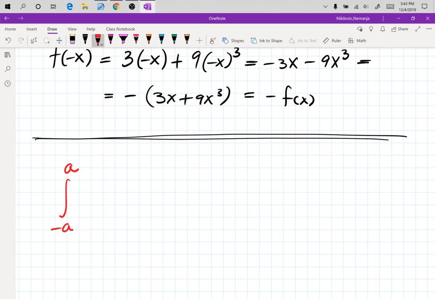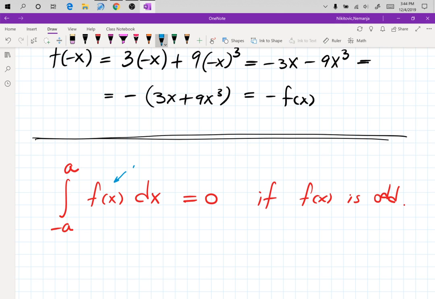So the integral from negative a to a of f of x dx is equal to 0 if f of x is odd. So we need this to be an odd function. And if this is an odd function, you don't even have to bother calculating the integral.